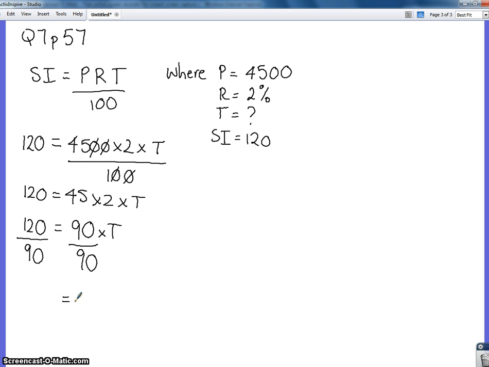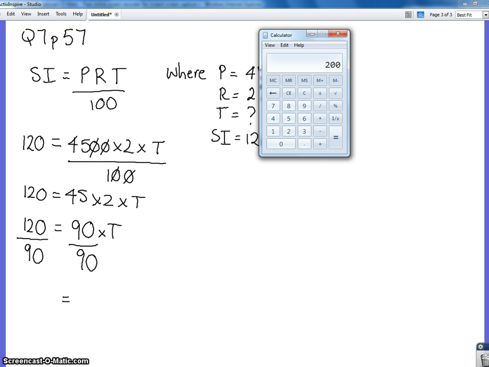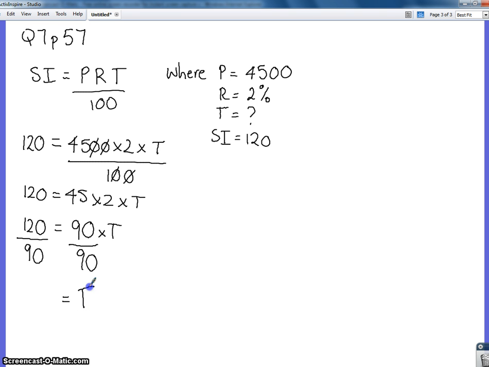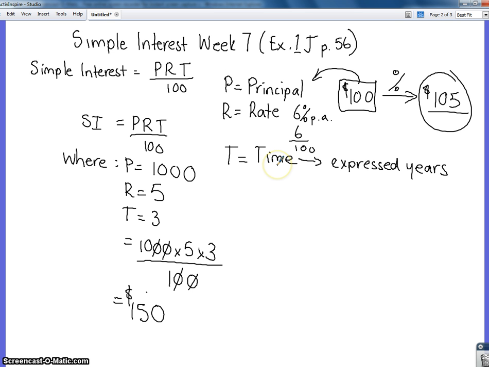So we go for calculator. 120 divide by 90 gives us, remember, 1.33. And remember when we went back here, T was time expressed as years.